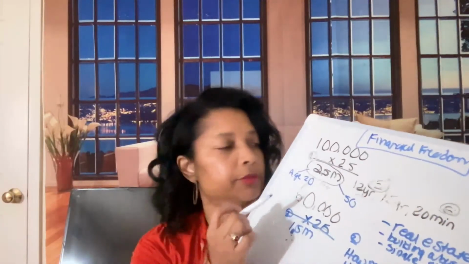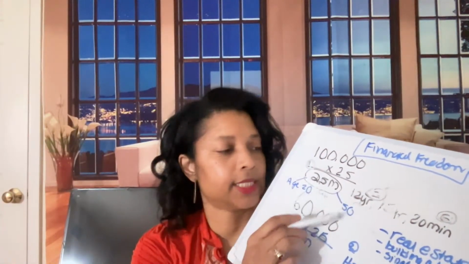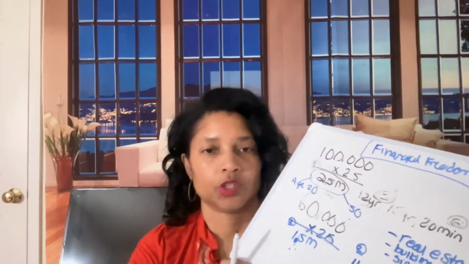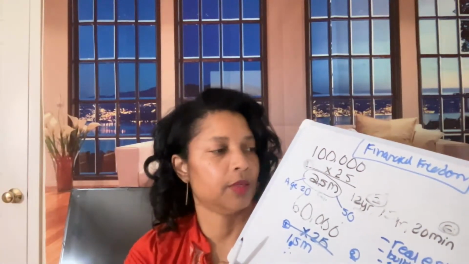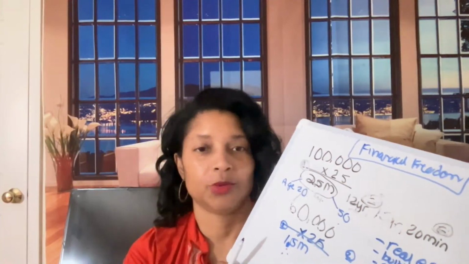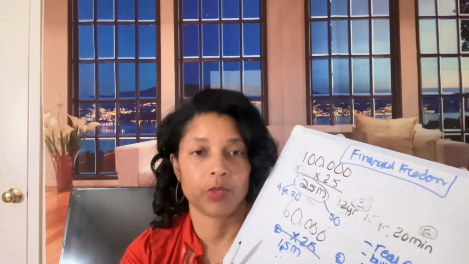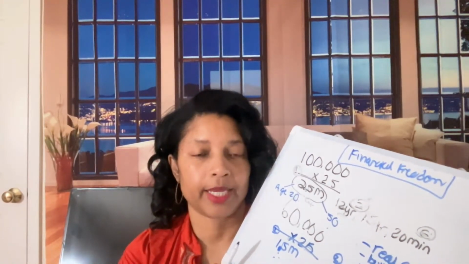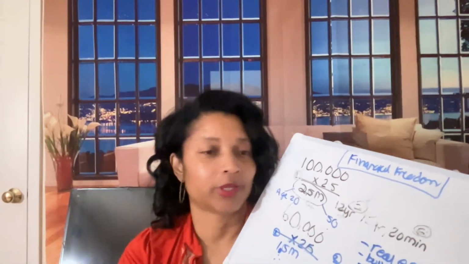Now, it still is possible to get to this number, even if you find out about it late. It's just that you have to be serious about it. You know what that number is, you know what that weekly number is, and you're putting it in every week on an automated basis. So you know what I'm trying to say.